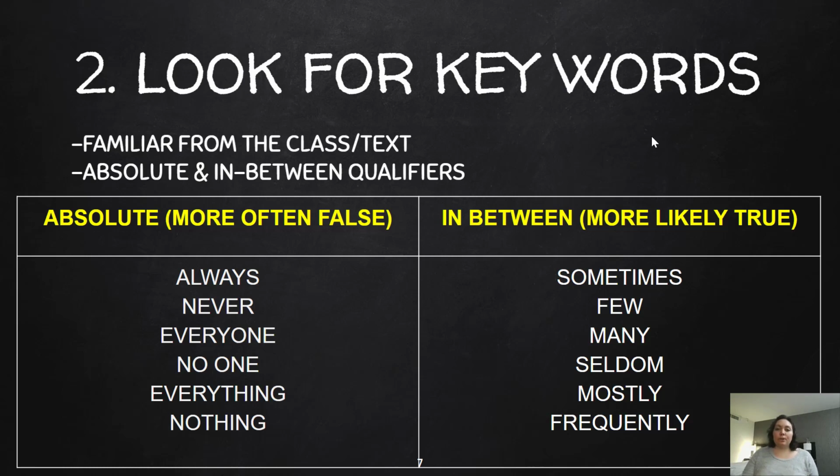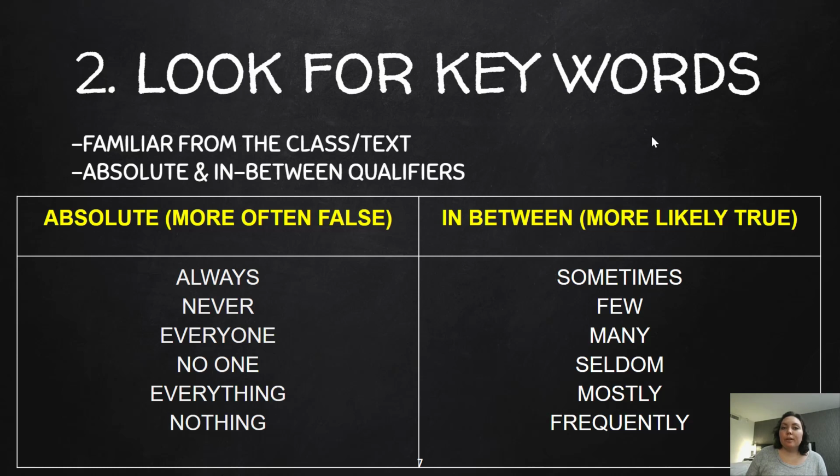Also look for absolute and in between qualifiers. And so what are absolutes? Those are things that are extreme, it's extreme language, right? And when extreme language is used, those answers are more often false. So like in a multiple choice, you could eliminate those answers that have these absolutes in them.